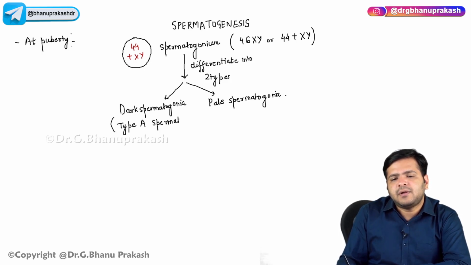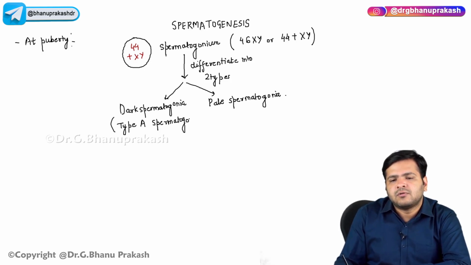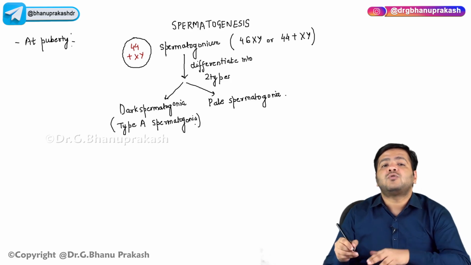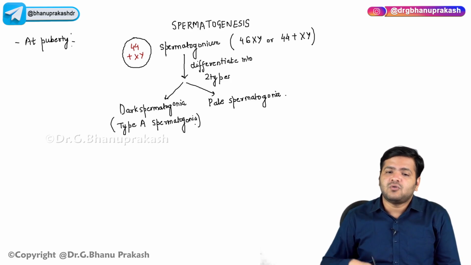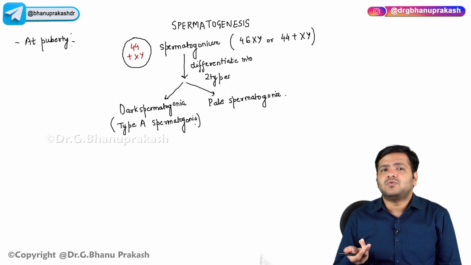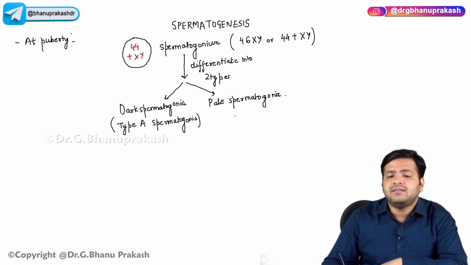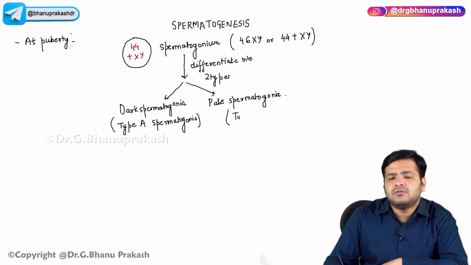And pale spermatogonia, we say spermatogonium in singular and spermatogonia in plural, is type B spermatogonia.